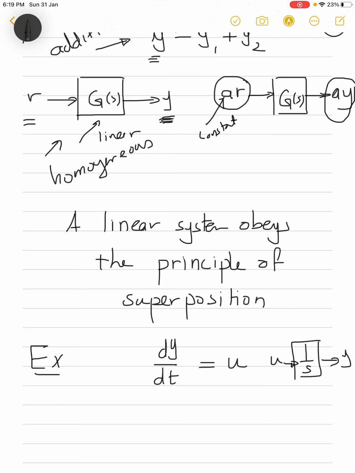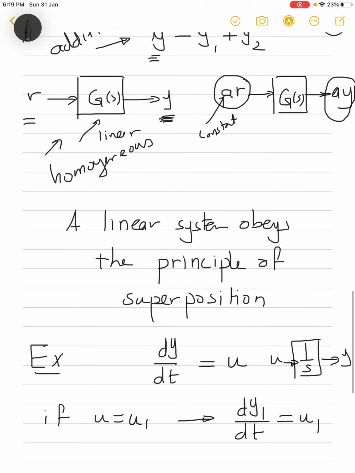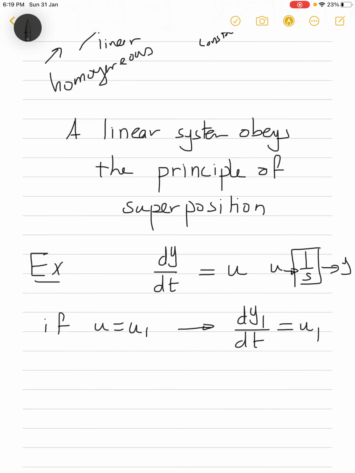We assume that if u equals u1, then we get dy1/dt equals u1. So y1 here would be the integration of u1. If u is equal to u2, then the output would be y2 according to the system equation.